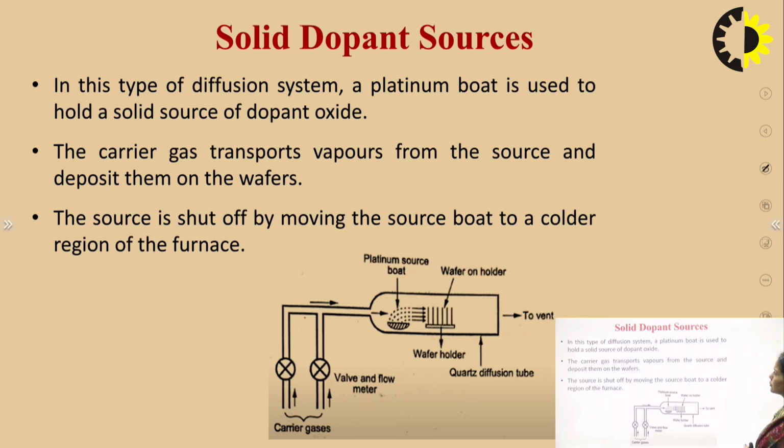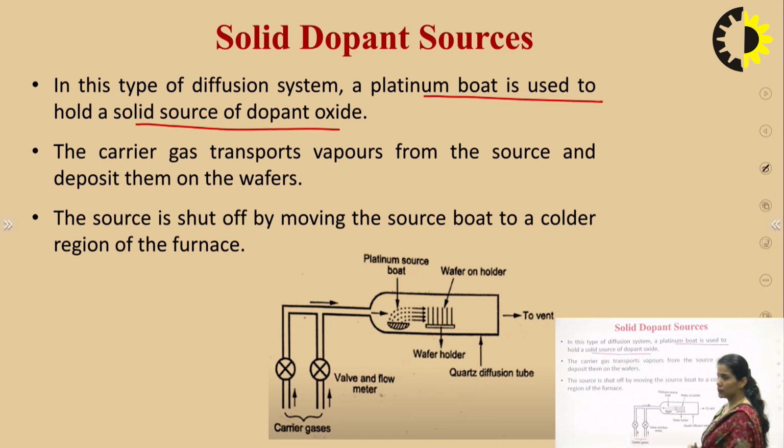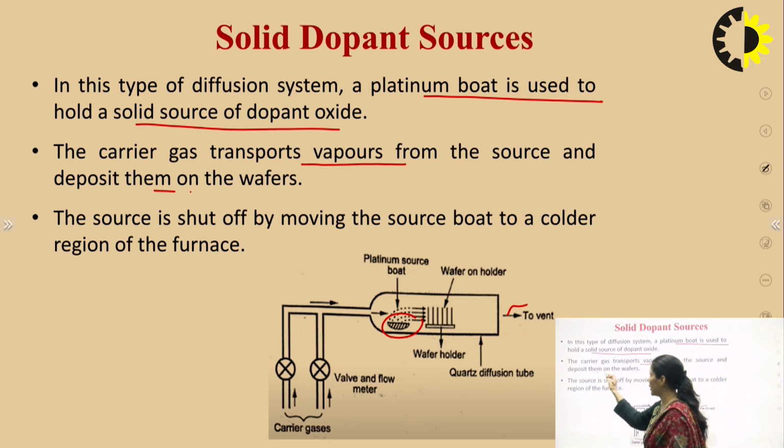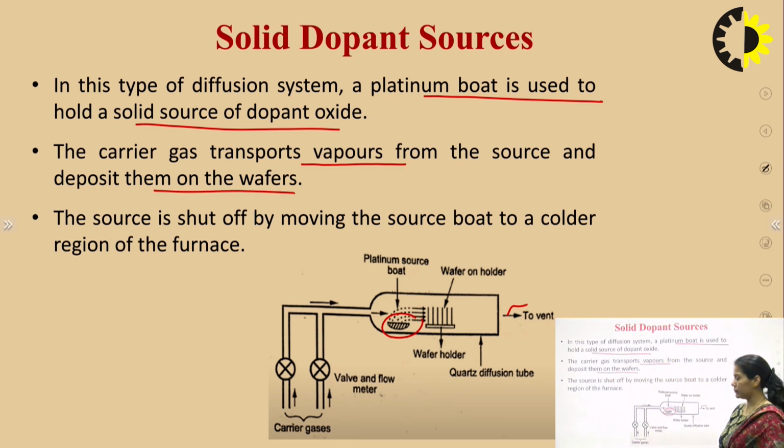In this type of diffusion system, a platinum boat is used to hold a solid source of dopant oxide. So the solid form of the dopant is placed inside this boat. The carrier gas transports vapors from the source and deposits them on the wafers. These are the carrier gases, which can be O2 or N2.